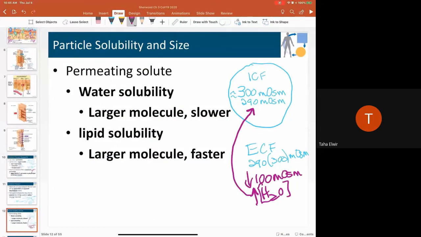And also we'll learn about some channels that are specific to water moving in, and these are aquaporins. So if you got a lot of aquaporins, water moves in really fast. If it's limited to going through the plasma membrane, it's going to happen slower. And actually, the way aquaporins were discovered is somebody was doing this simple experiment with red blood cells and putting them into different solutions and blowing them up.